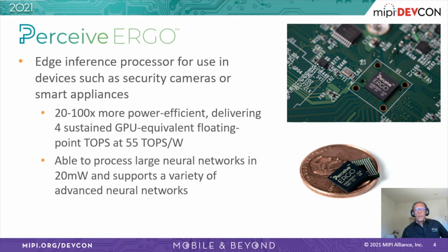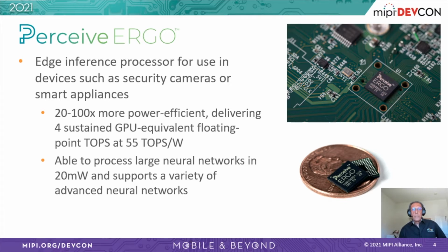Now, let us turn our focus to the Perceive Ergo. In edge devices supporting AI, you need a processor that is capable of machine learning. Perceive has done just that with the Ergo inference processor, which is designed for IoT and edge devices.